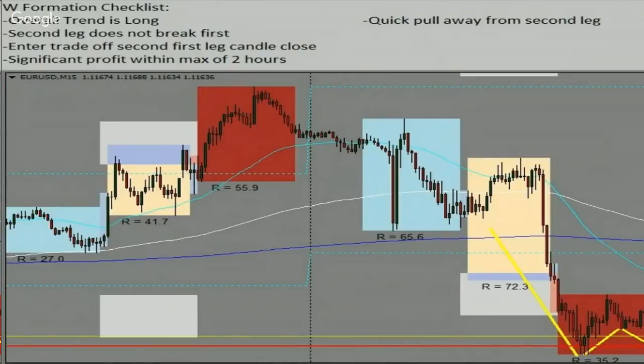With a long trend, I told you to look for W formations. Don't look for M, only W formations. As you can see here, I highlighted what could potentially be a W formation at the bottom right.